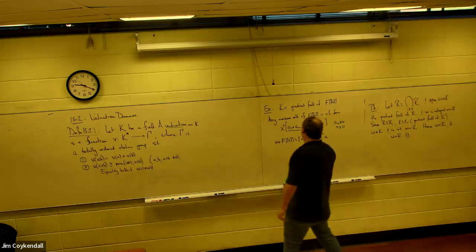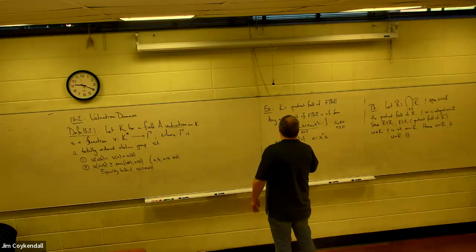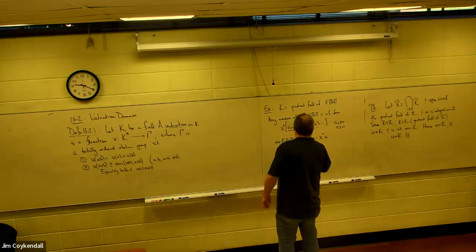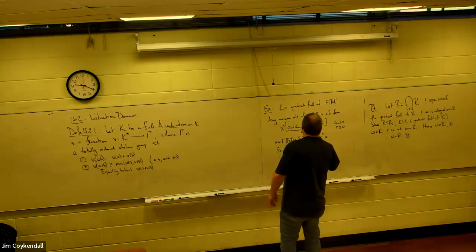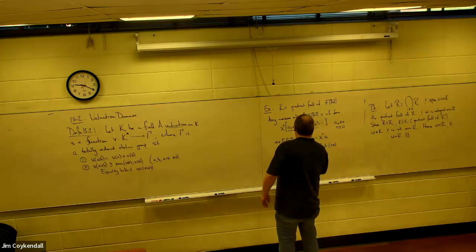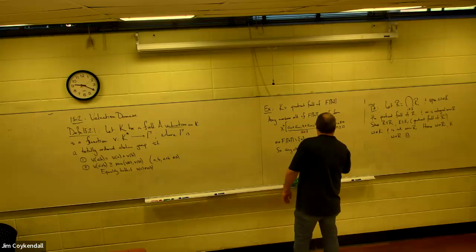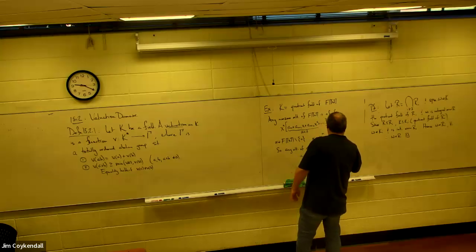So any non-zero element in the quotient field is of the form x to the k times u, where k is in Z and u is in the units of F power series in x.